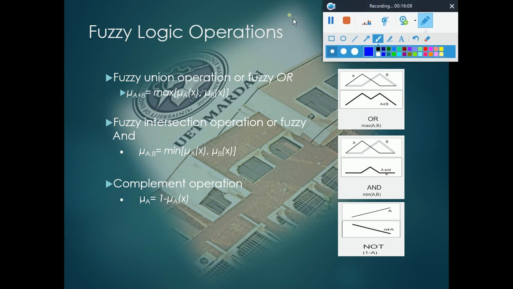Now there are different operations when we use fuzzy logic.